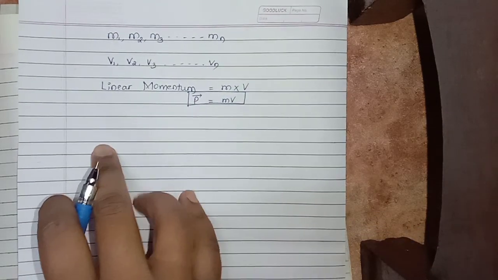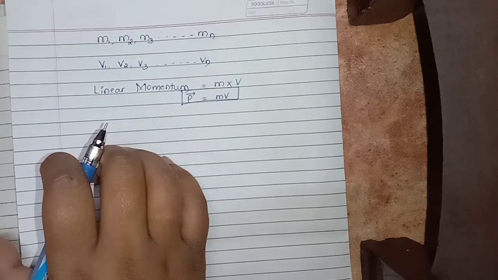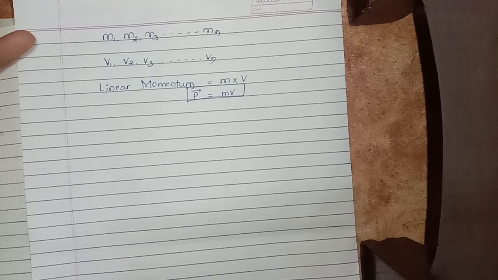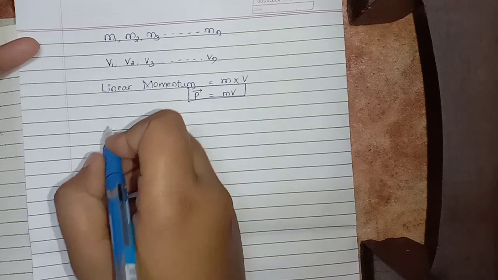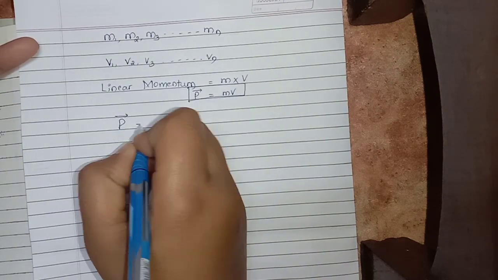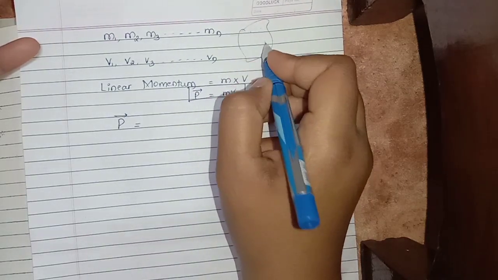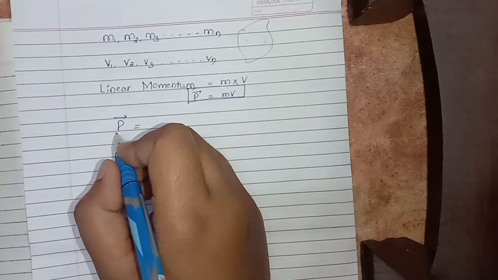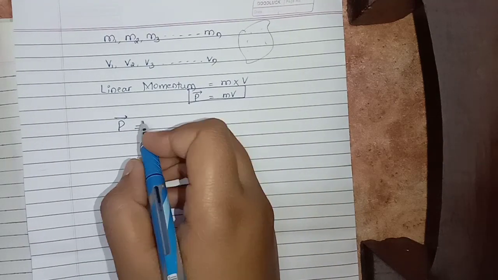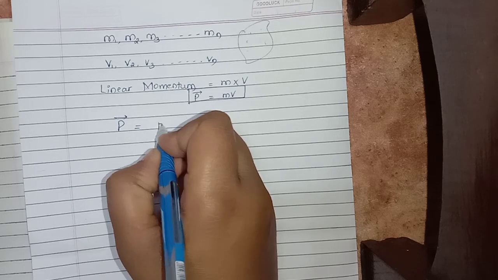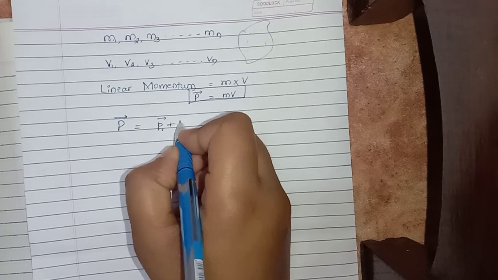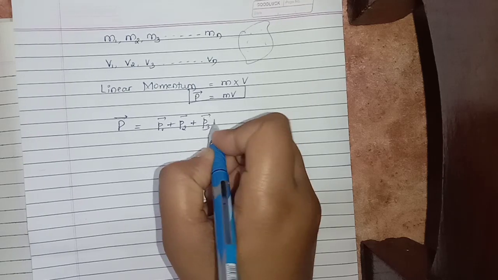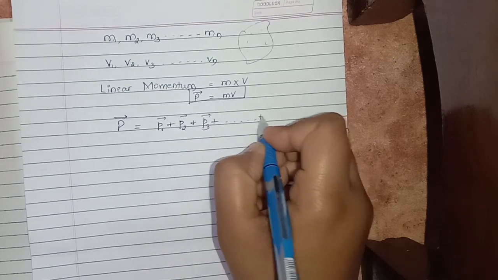Here we are considering the whole system's linear momentum as capital P. The whole system has many particles, so the system has linear momentum capital P, and the linear momentum of the first particle is p1, second particle is p2, third particle is p3 and so on up to n.